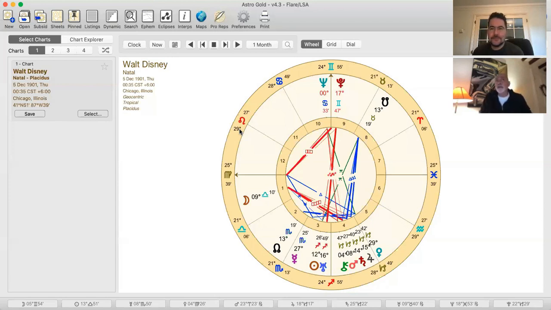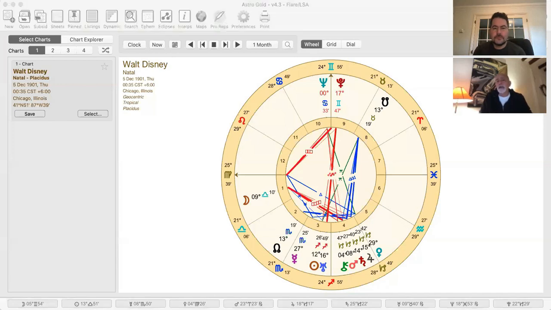It also helps me know if someone is going to be leaving a place. Just yesterday, I read for a man who was born in Europe but has been living in New York for many years, and his New York ascendant is 27 of Capricorn.